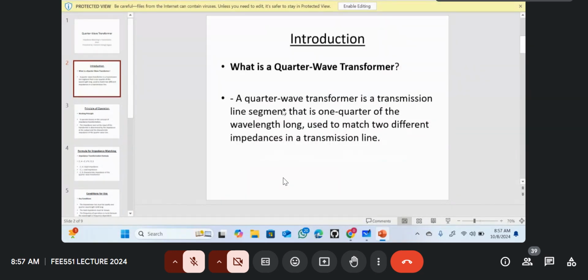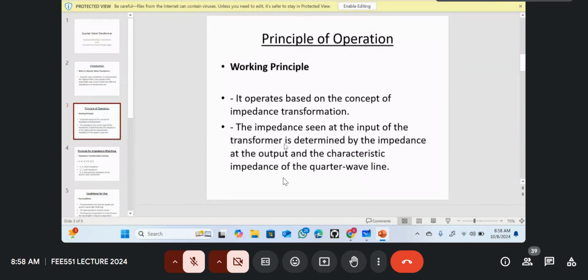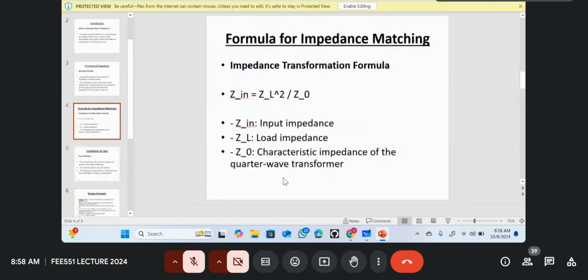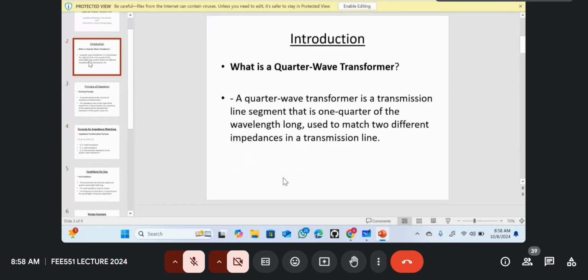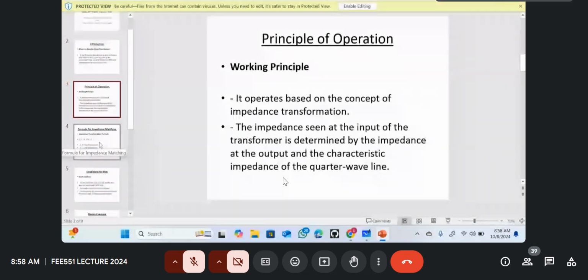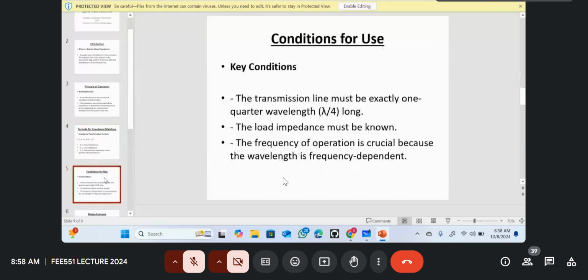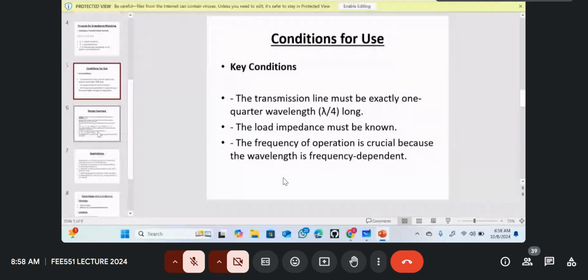As you can see, a quarter wave transformer is a transmission line segment that is 1/4 of the wavelength long, used to match two different impedances in a transmission line. I think I was already saying this, so there's no need to repeat it.